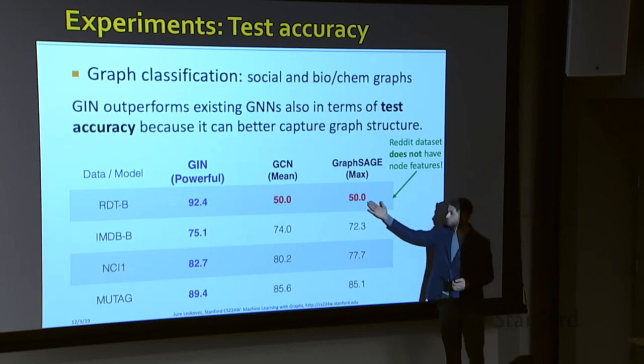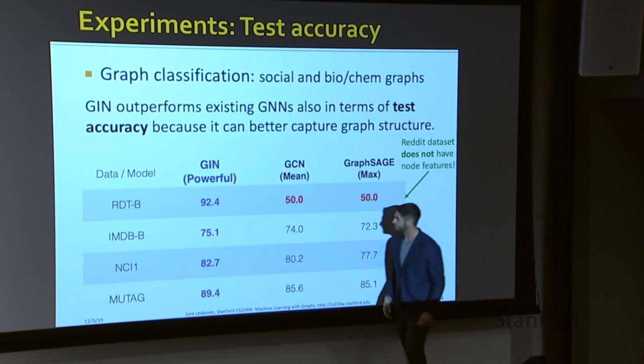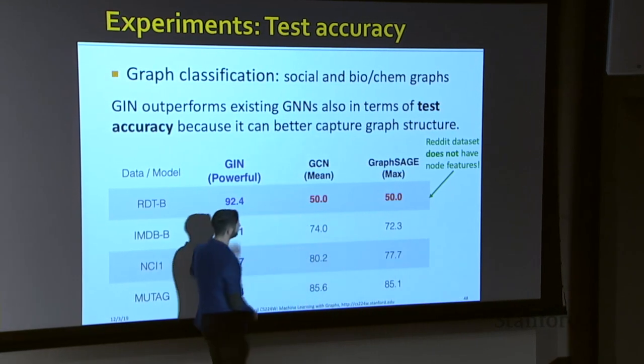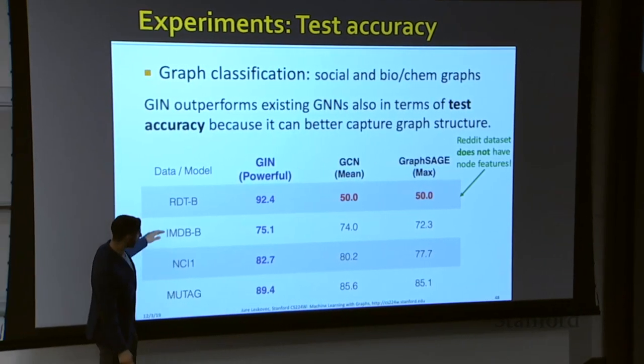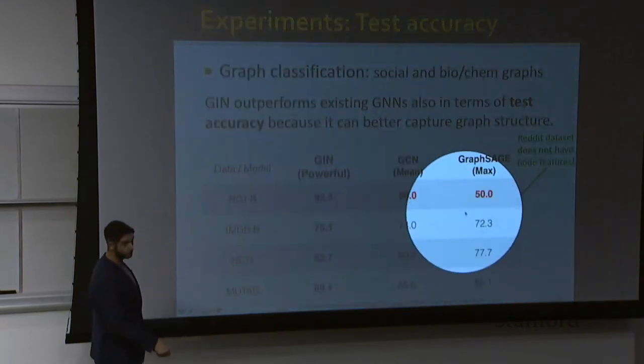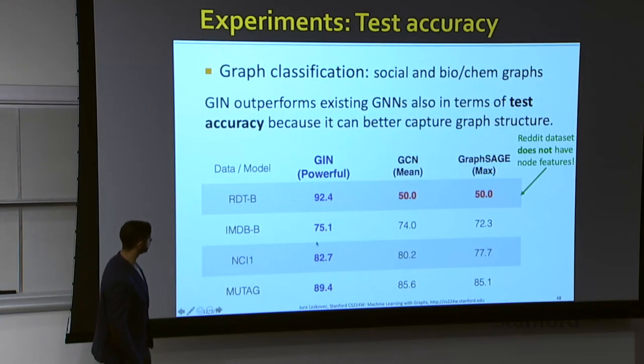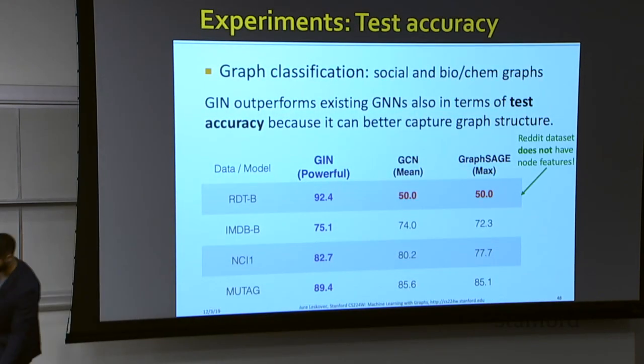Therefore, there is no way for a GNN, for a GCN, or for GraphSAGE to understand if these graphs are different or not, all right? And instead, in this case, GIN shines with more than 90% accuracy. And it also performs better even on datasets that do have features on the nodes. It still does relatively better on those tasks as well. Okay?